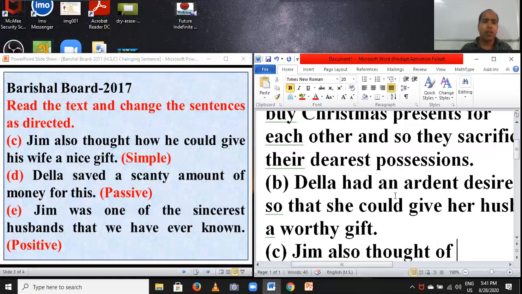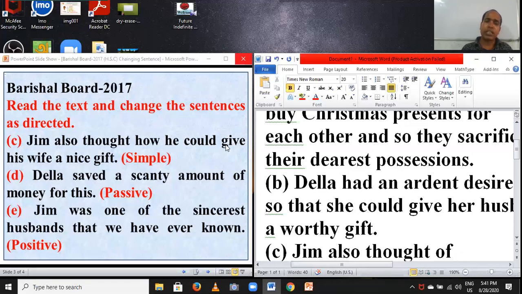You have to cut "he could", from "he" to "could", before "give". Cut "he could" and set B1 plus ing: "giving".